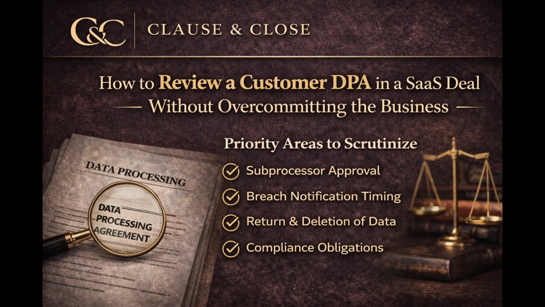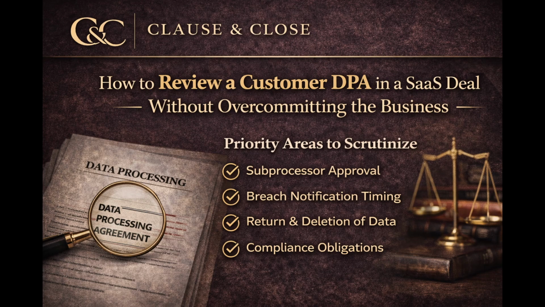That sounds protective from the customer side, but it is often unworkable for a SaaS company. If your infrastructure, support model, or technical stack evolves, you cannot run every sub-processor update through a bilateral approval process with every customer. That creates friction, delay, and inconsistency across the customer base.